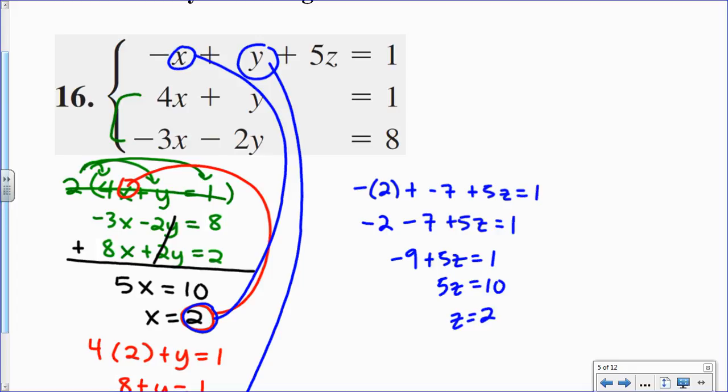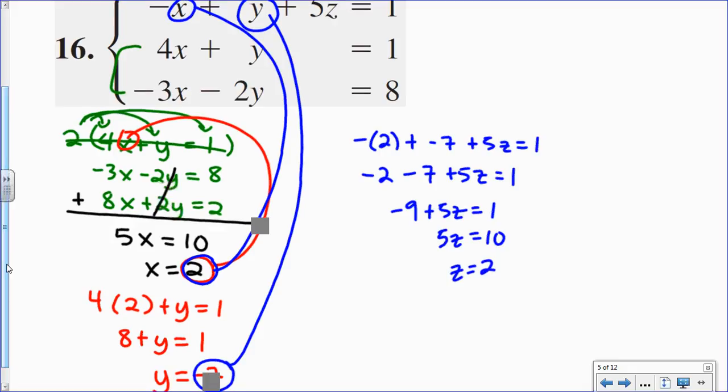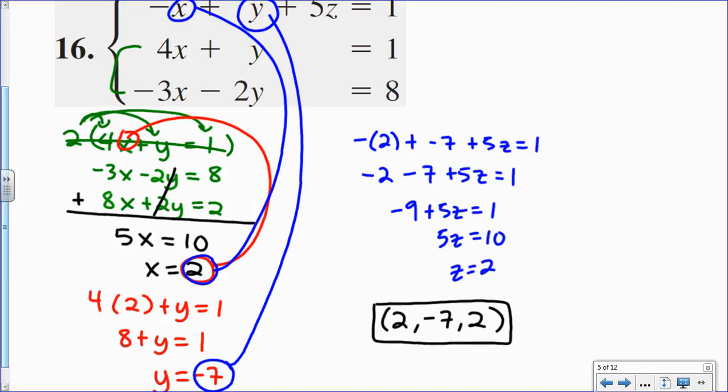Divide by 5. We should get 2 again. Alright, write your ordered triple. 2, -7, 2. And you can always plug those back into your original 3 equations to check. Okay, questions so far?